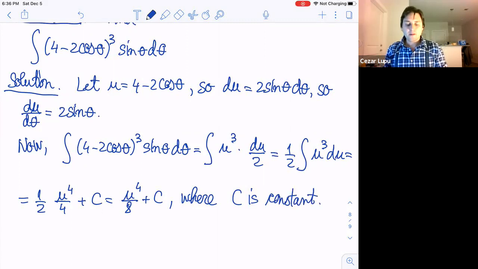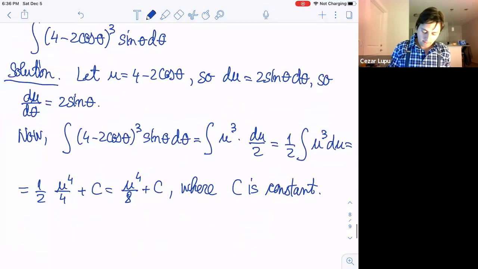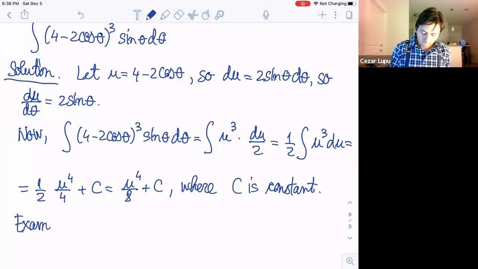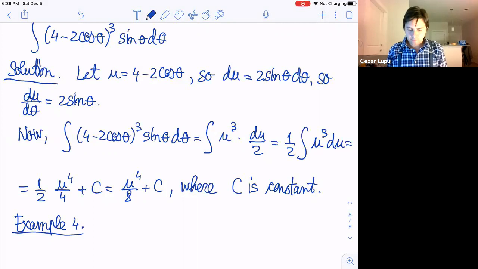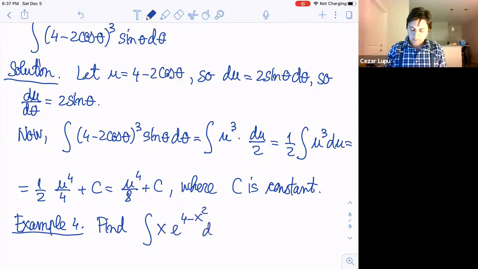Right? Now let's see another example. Example 4. Let's see. Find the integral of x times e to the 4 minus x squared dx.